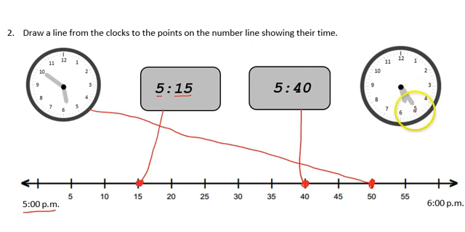Since the minute hand is pointing at the 5 and each section is considered 5 minutes. Here's 5, 10, 15, 20, 25. That means I'm 25 minutes past 5 o'clock. So I find the 25-minute mark past 5 o'clock, and that clock points to that time, 5:25.